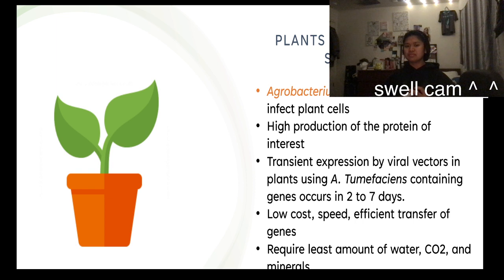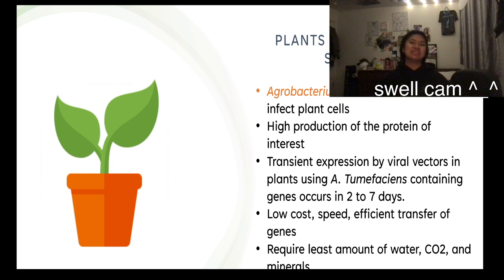Specifically, in this presentation, we're going to be focusing on transient expression by viral vectors using Agrobacterium tumefaciens. With this approach, transient expression can occur in about 2 to 7 days using Agrobacterium tumefaciens containing your gene of interest.